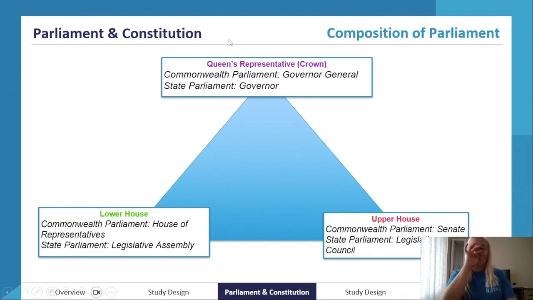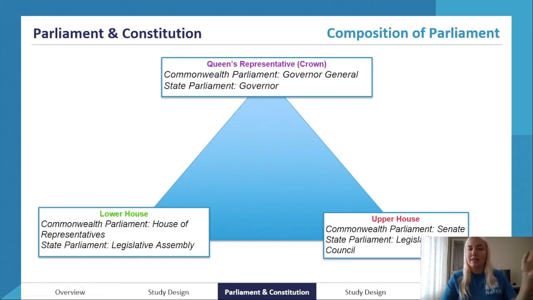Now, lastly, there's the Queen's representative, also referred to as the Crown. So this is not actually the Crown that's part of Parliament, but is an actual representative. It's not the royalty in England that's doing this, but it is a delegated representative. Their role is, for any proposed law that's been approved by both houses to pass, the Crown must grant it something called royal assent.